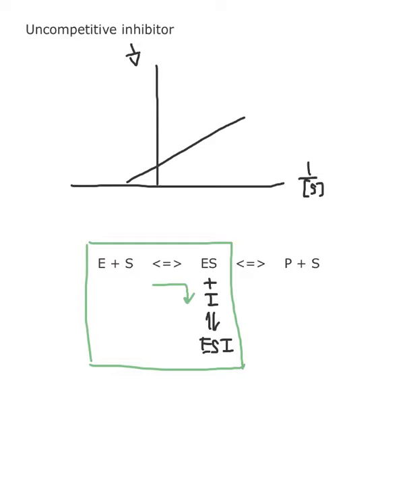So it will change the Km, and this will decrease the Km value. So if you plot the graph, the value of minus 1 over Km up here would be more negatively valued here because the Km just reduced, right?